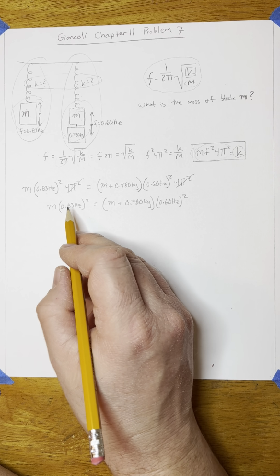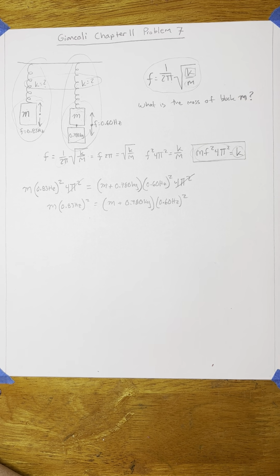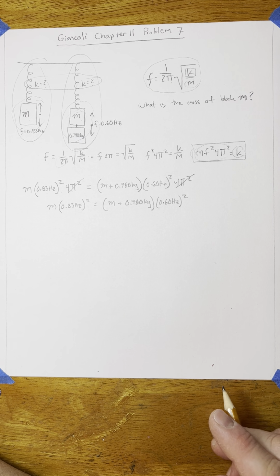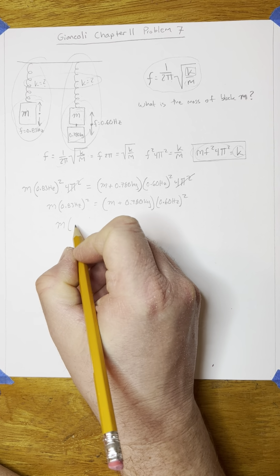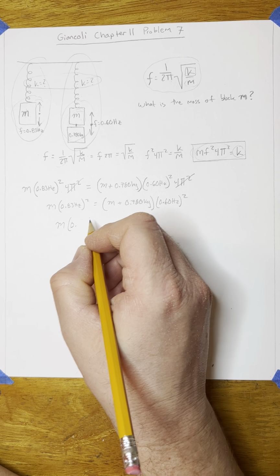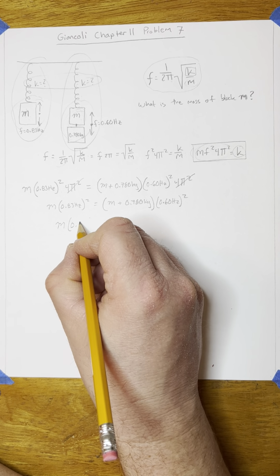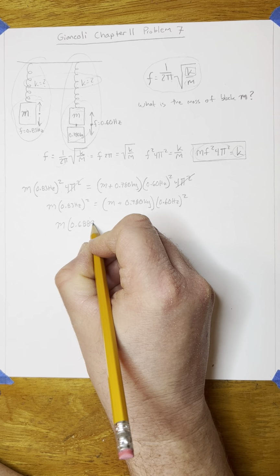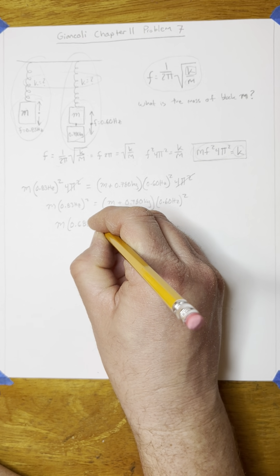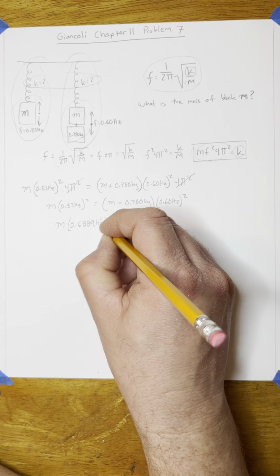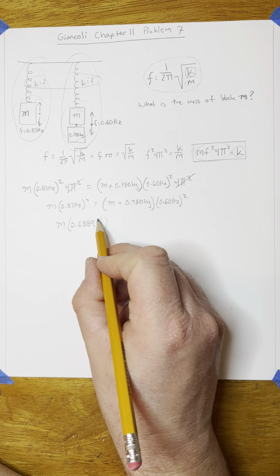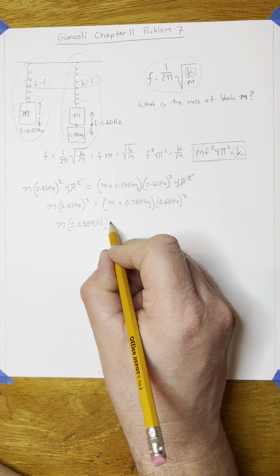Now I can square these values. So I'll plug that into the calculator. 0.83 squared is going to give me m times 0.6889 hertz, and that's actually hertz squared, not this squared, but just the unit squared because I'm squaring the unit.